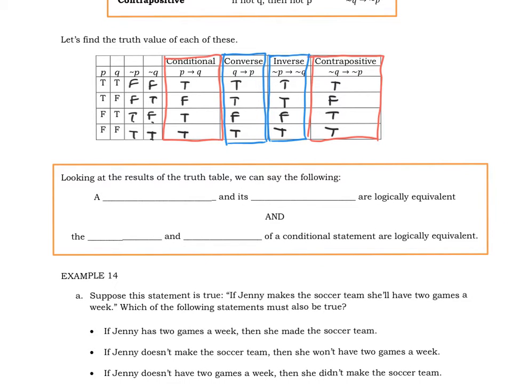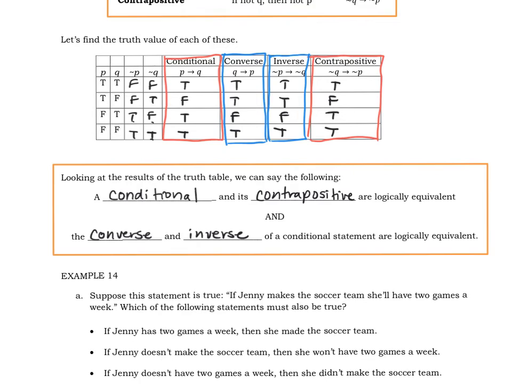Looking at the results of the truth table, we can say the following: a conditional and its contrapositive are logically equivalent, and the converse and inverse of a conditional statement are logically equivalent.